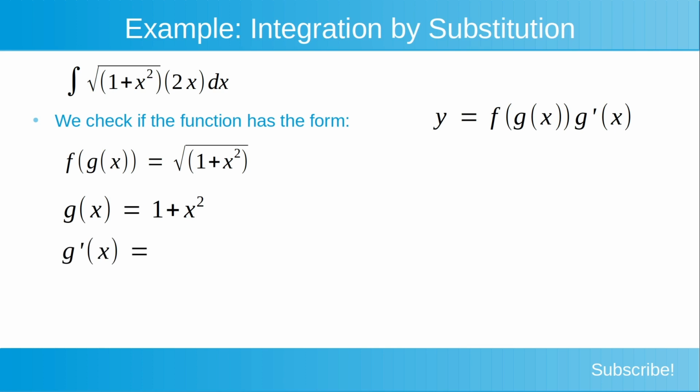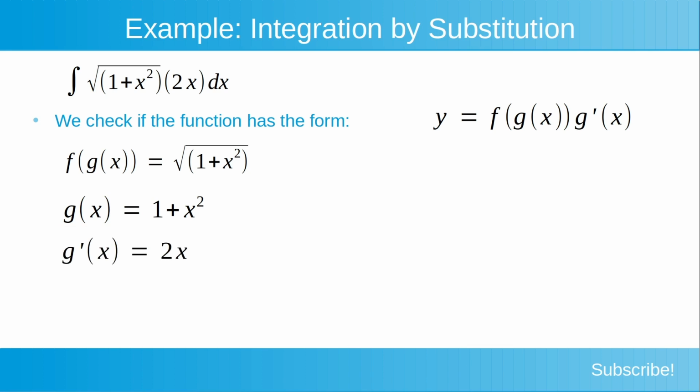G prime x is the derivative of the function g of x with respect to x. We've worked out previously that the derivative of 1 plus x squared with respect to x, that's equal to 2x.